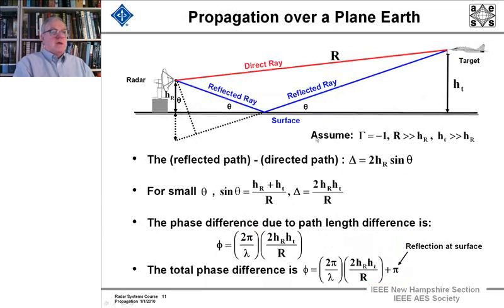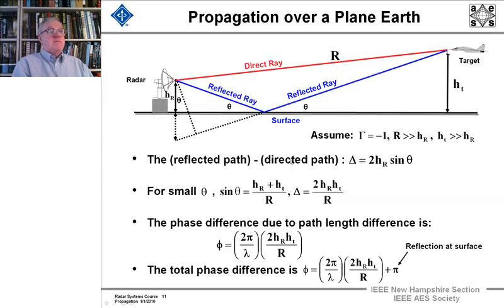Okay? And now looking at the difference of those two, the reflected path minus the direct path, we get, for the conditions where gamma is approximately -1 and R is much greater than the height of the radar, the range to the target and the radar are much greater than the height of either of them, and the height of the target is much greater than the height of the radar, and for small theta, we get these expressions.